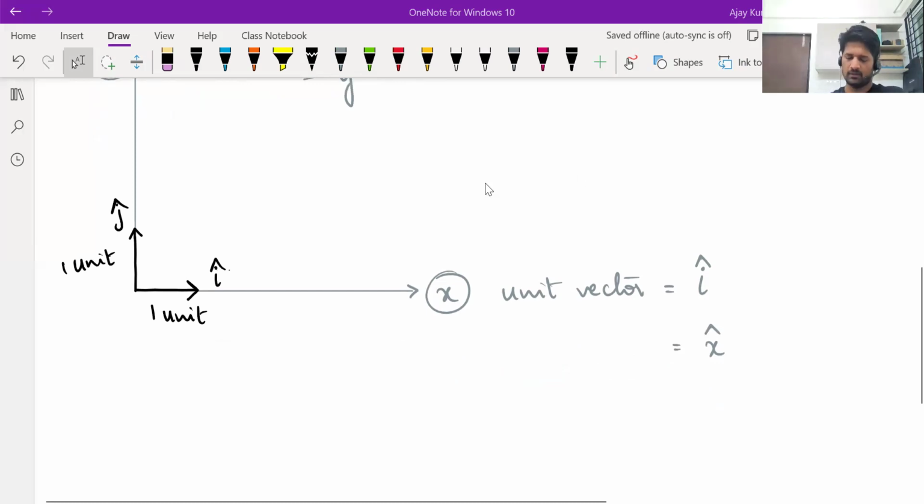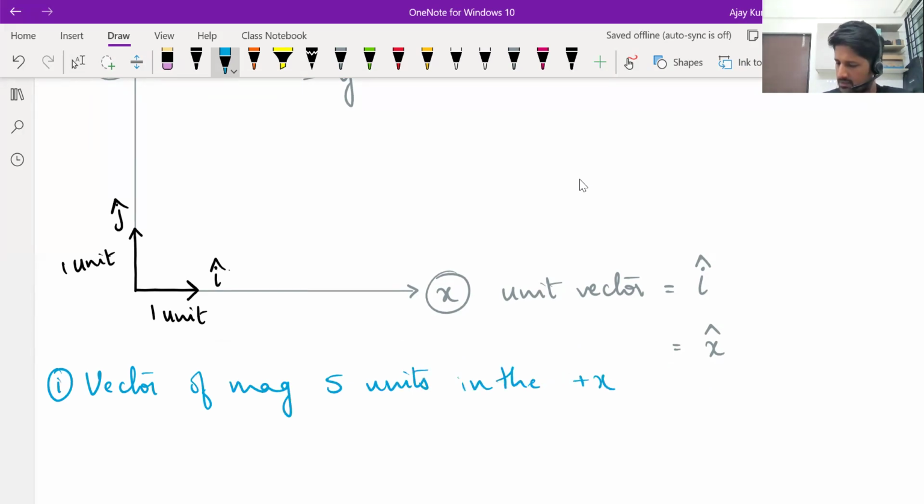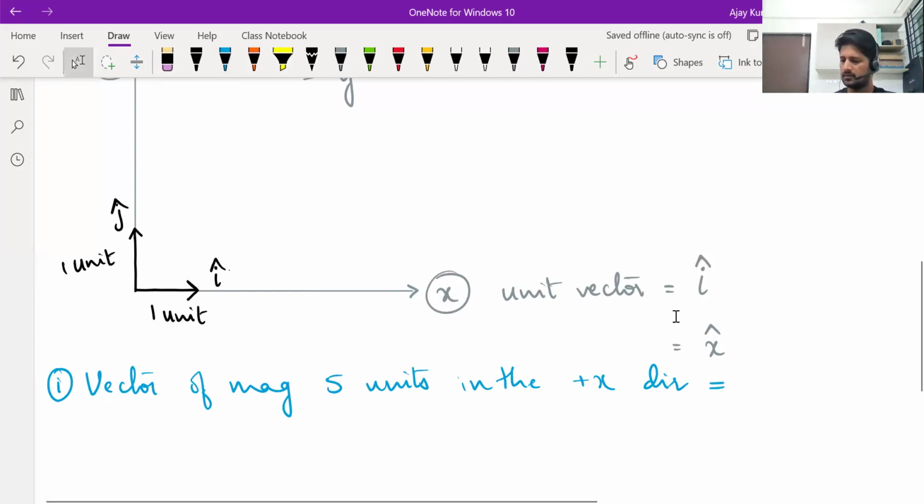Aishwarya, you tell me, unit vector in the x direction is i cap. So how will you write a vector of magnitude 5 units in the positive x direction? We know the unit vector in that direction.